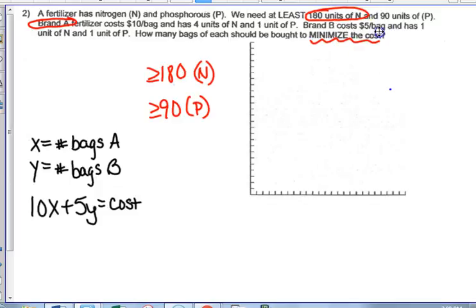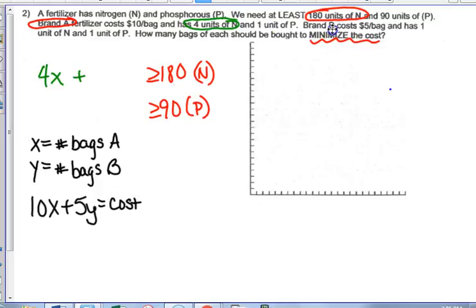This is real confusing to me because I kind of want to go 4x plus 1y equals $10 or something crazy, okay? But remember, the first sentence has all the nitrogen information. So when we buy a bag of X, how much nitrogen do we get out of it? 4 units. Okay.